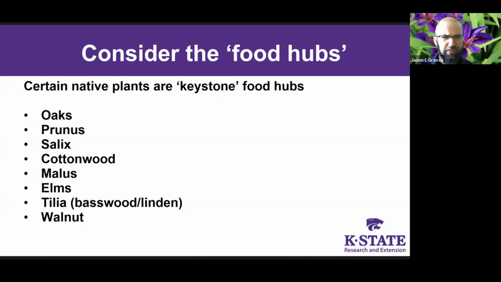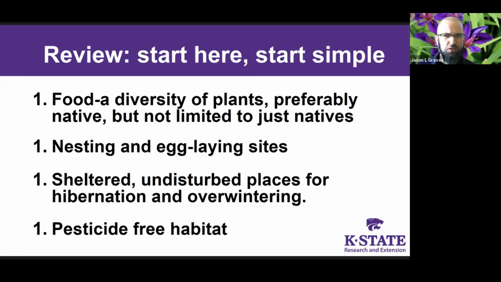So let's review. Start here and start simple. We talked about food. A diversity of plants that bloom all season is needed for our pollinators, and we've covered that. Nesting and egg laying sites are important. We talked about the importance of the ground nesting bees, the stem nesting bees, snags, and even artificial nests can be used to enhance nesting and egg laying sites.